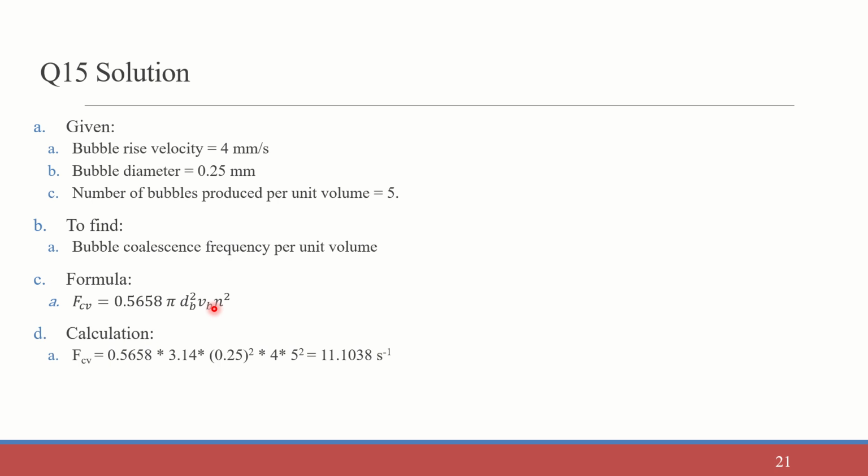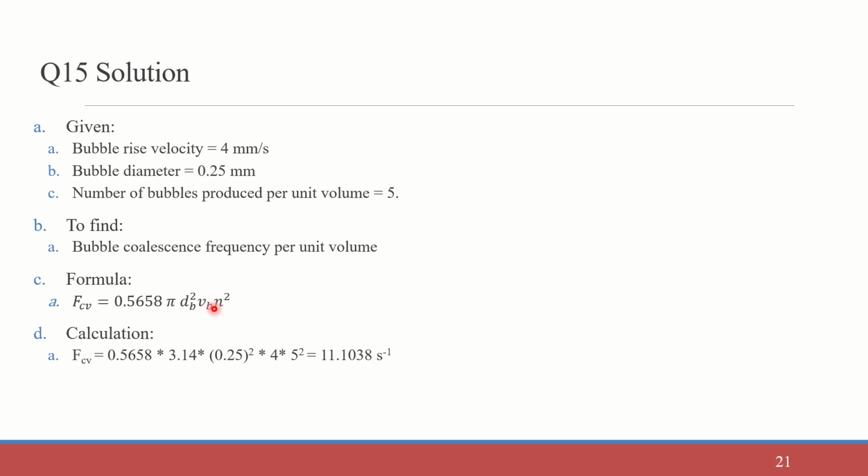The challenge is to remember all the equations in fluidization because there are a number of equations. You need to know the proper coefficients and exponents in some terms. That would be a challenge, but apart from that, the numerical problems are really simple. You just need to substitute the values in the equation and get the right answer. So please make sure to remember the formula perfectly.